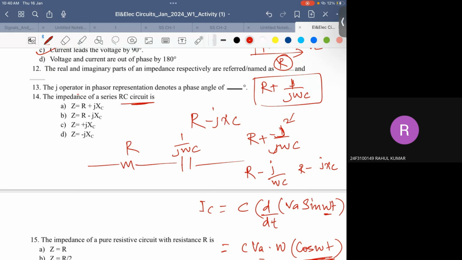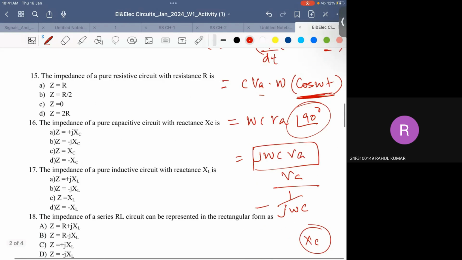One can be written as minus times minus 1, and minus 1 you can write as j squared, so j gets cancelled. You are left with R minus j upon omega C, and 1 upon omega C is the reactance of the capacitor, so that will be R minus jXC. Is it clear to everyone? Yes, sir.